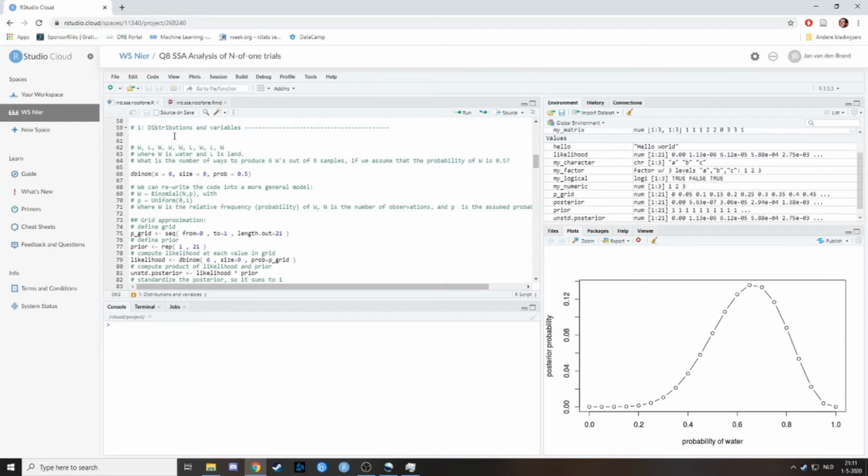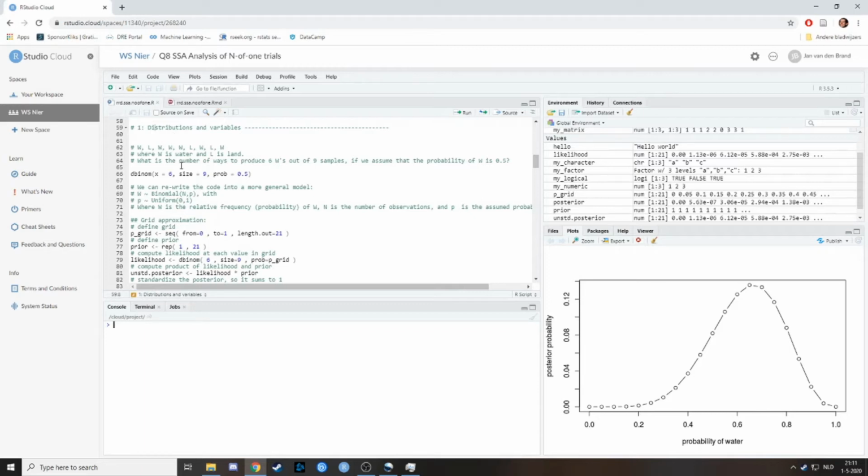Say we have a ball which has a map of the Earth on it, and as a means of sampling it, we toss it in the air, and if we catch it, we look at the place where our right index finger is pointing. If it's on water, we return a water observation. If it's on a landmass, we return a land observation.